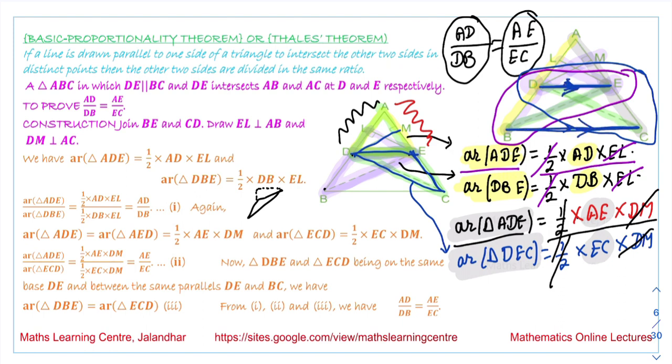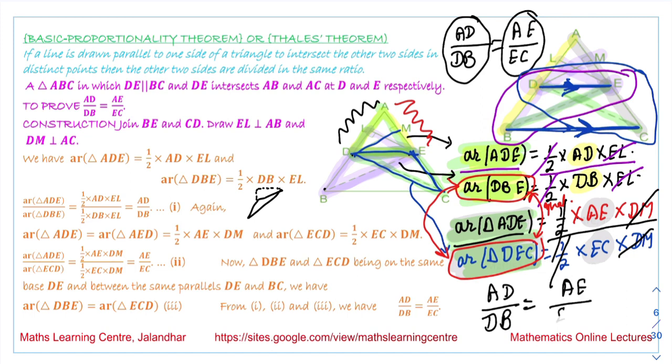These are the two parallel lines between which these two triangles lie. So it means the areas of both these triangles, DBE and DEC, are equal. It means the left-hand side of both these equations is equal. So this gives us that AD over DB is equal to AE over EC.